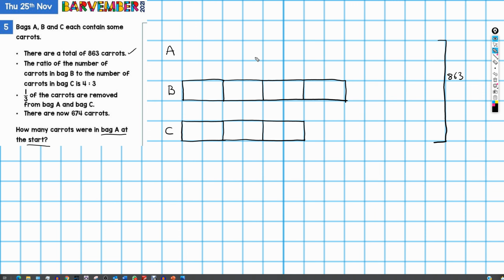And the total, including whatever's supposed to be here, is 863. Okay, so far so good.